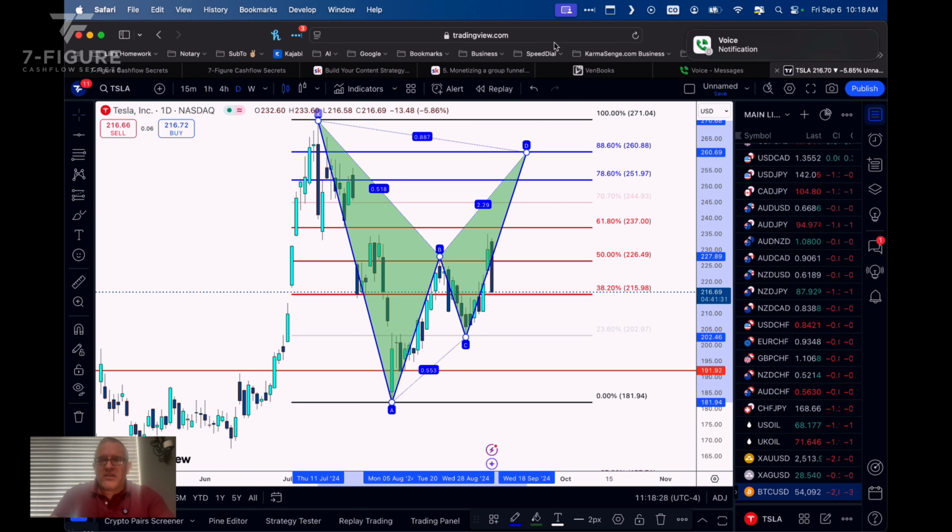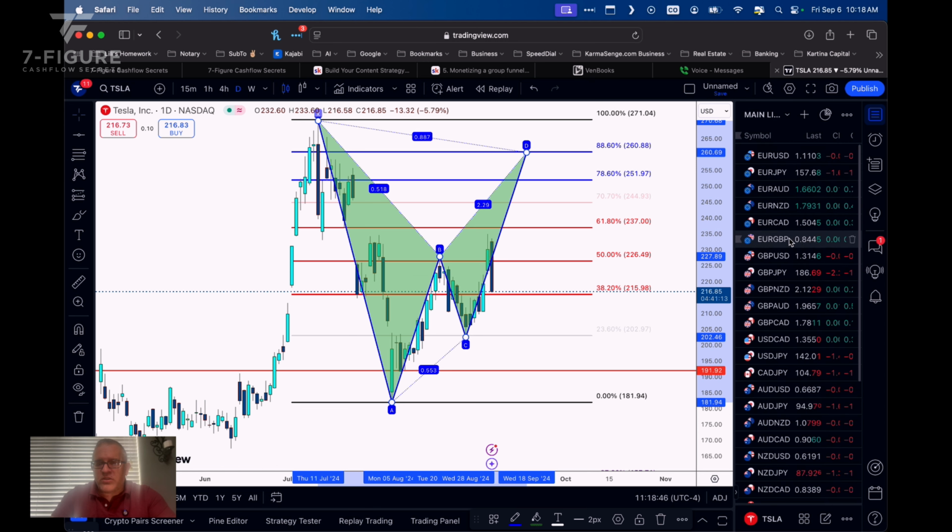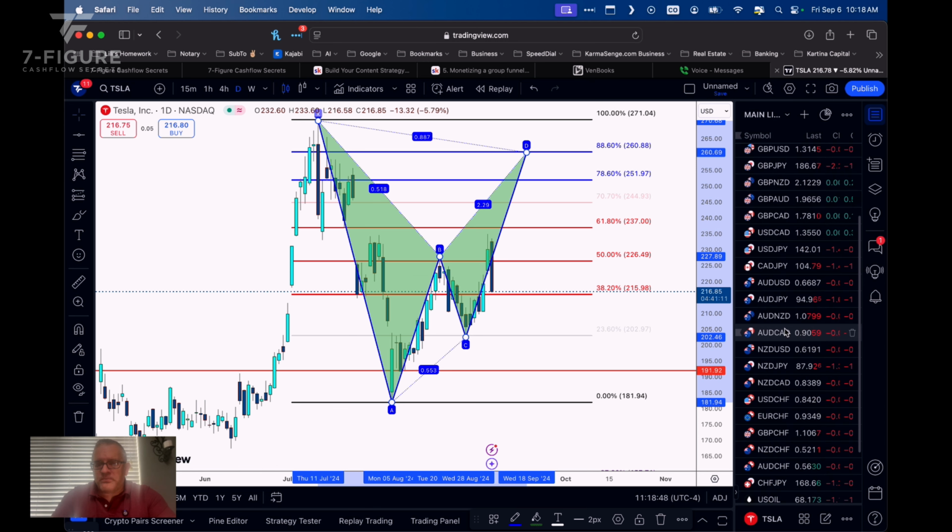While I do have Bitcoin, and while I do invest in certain stocks and so forth, I only trade in currencies. And as you can see, these are the currencies that I currently am looking at.